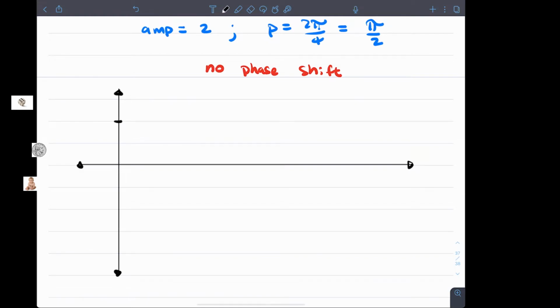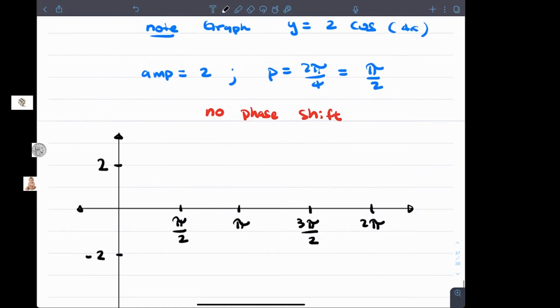Okay, so we got the 2, what else? Negative 2, 2 pi, pi over 2, and this would now be what? 3 pi over 2. Is that right? Oh, I'm sorry. I made a mistake.